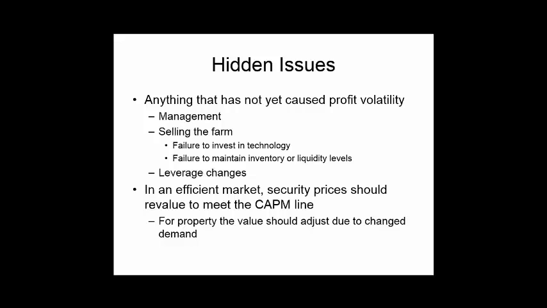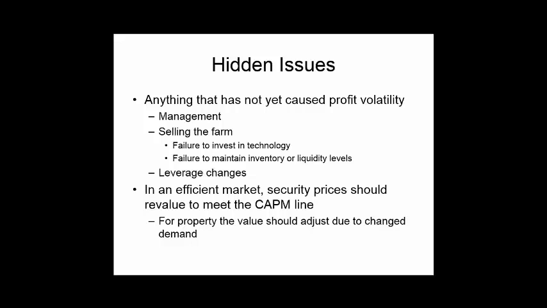These will include things like management, or failure to invest in future technology, or maintain adequate inventory or liquidity levels. Socially, for property, this can include infrastructure investments and even population directions. Leverage changes are also a partially hidden change that may change today and cause a difference in risk.